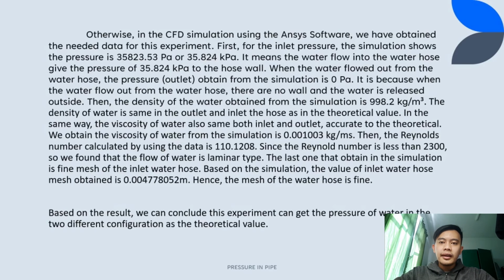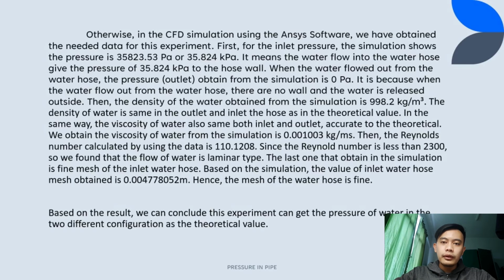Otherwise, for the second task of our project, which is the CFD simulation using the ANSYS software, we obtained the needed data for this experiment. For the first one, the inlet pressure shown in the simulation is 35,823.53 Pascal, or if we convert to kilopascal by multiplying with 10 to the power of negative 3, we got 35.824 kilopascal.